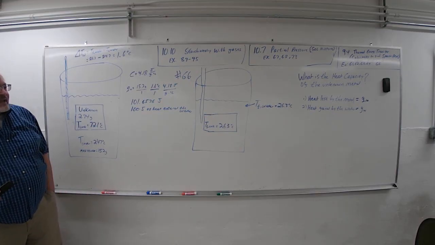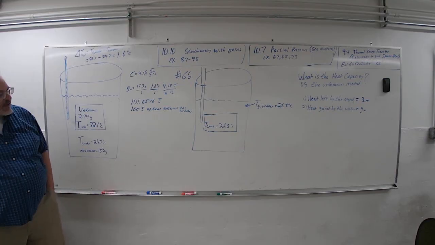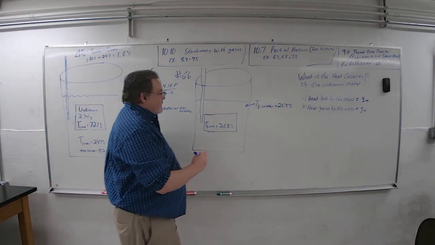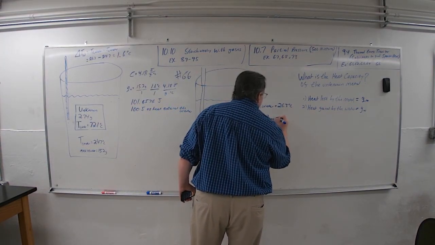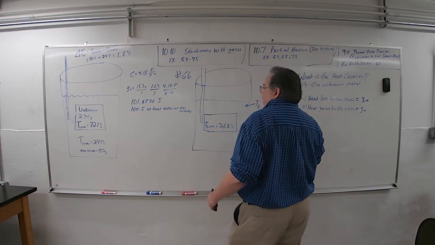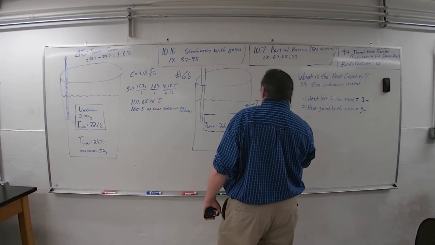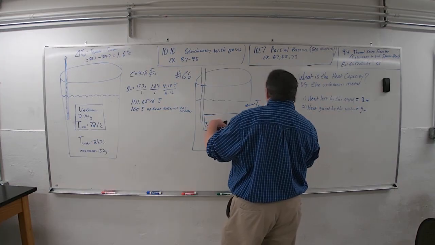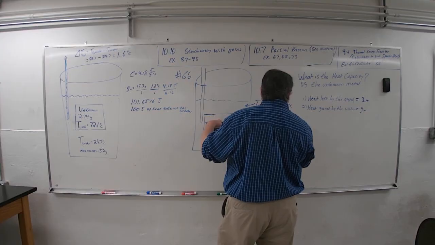Okay, all of that heat came from the metal. So the amount of heat that left the metal, Q the metal, is essentially the negative. It lost heat, so I'll say negative.